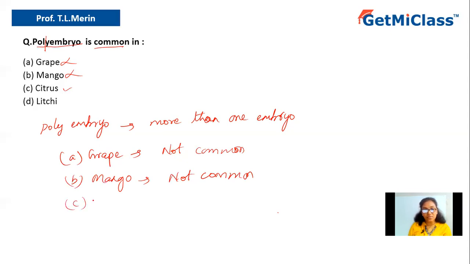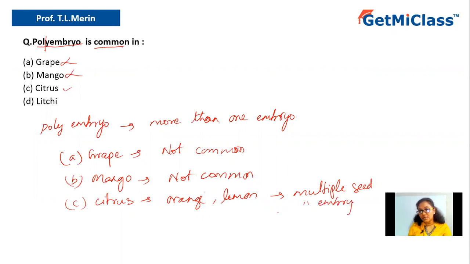We can include all the citrus fruits like orange, lemon, etc. These have multiple seeds, so that means these also have multiple embryos. That is why we call it polyembryo, or polyembryony.